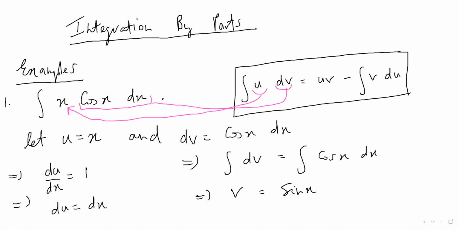Let me use a different color. So I'll say it again. Firstly, we assign u to one of the functions in the integral, which is x. We say let u be equal to x.